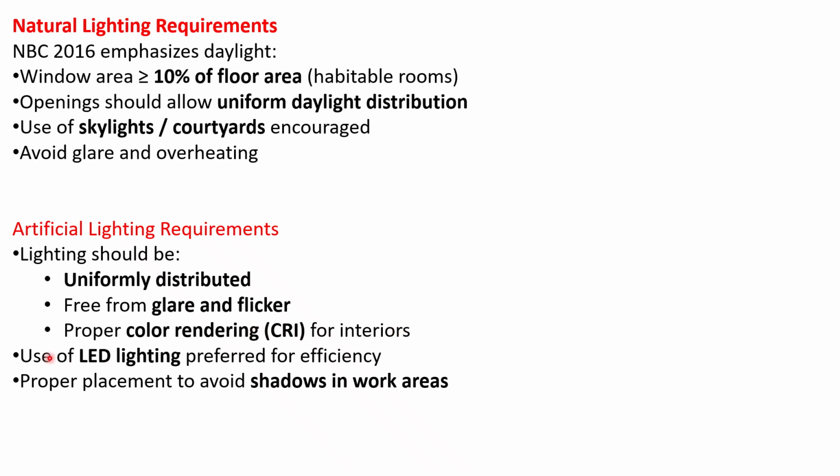Use of LED lighting preferred for efficiency. Proper placement to avoid shadows in work areas. LED lighting is not recommended for reading purpose if their CRI is less than 80%.